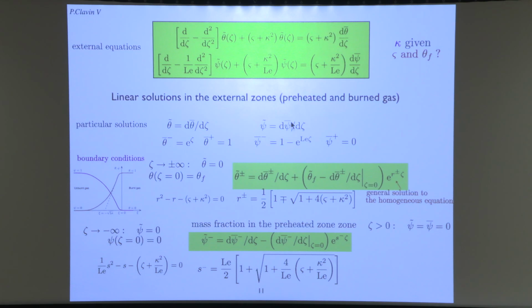is to solve, here are the boundary conditions that you are using, and now you have to find out a particular solution.